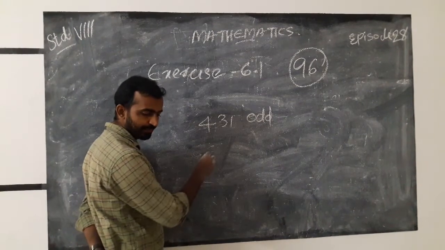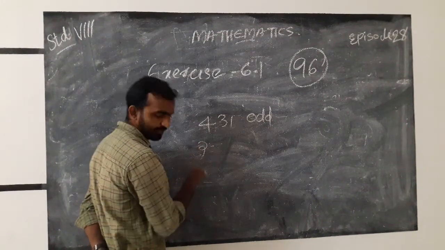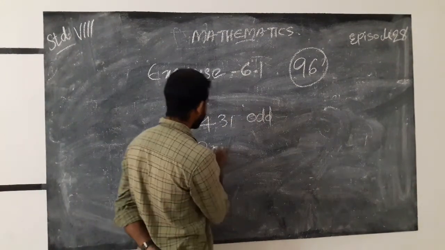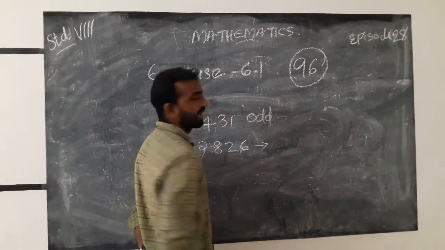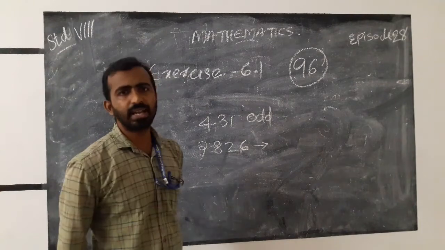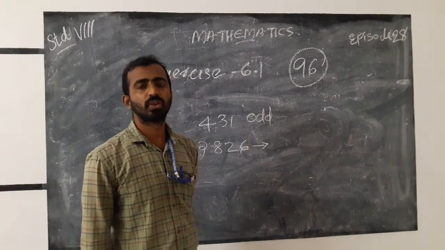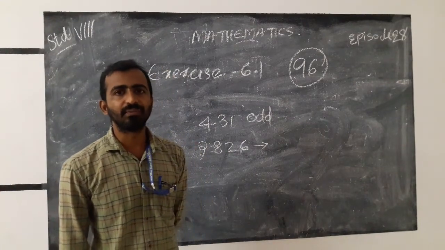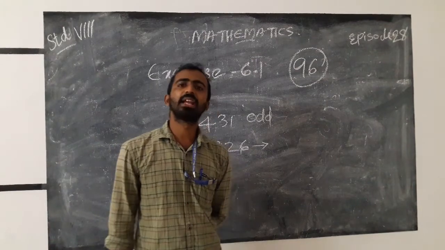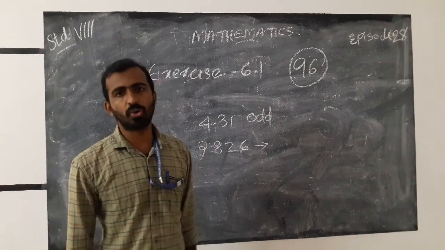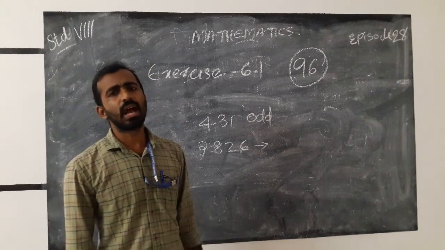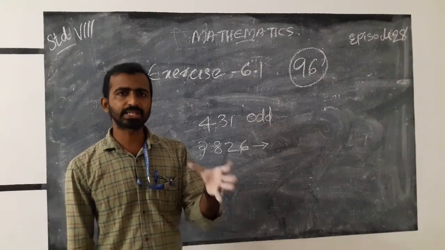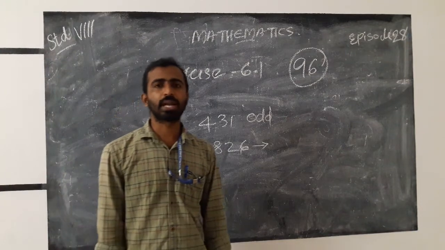When we take the square of 2,826, is it odd? No, it is not odd. We get an even number. So this is not odd. Okay.